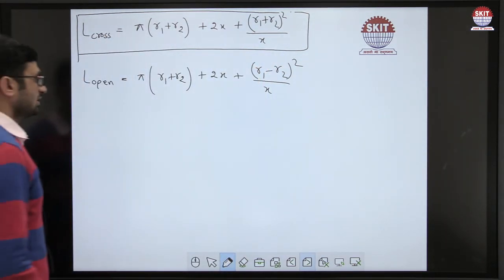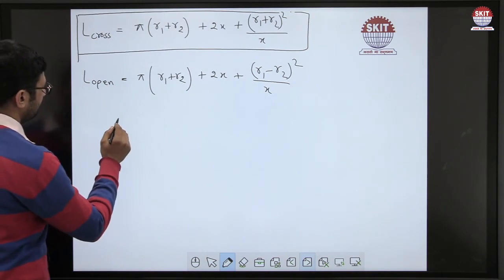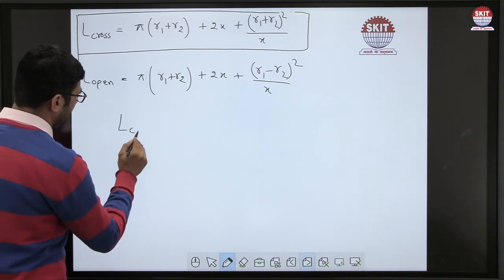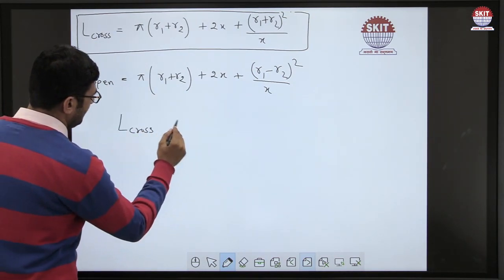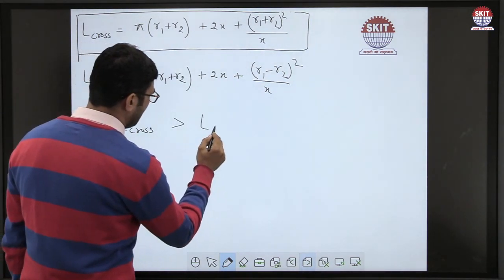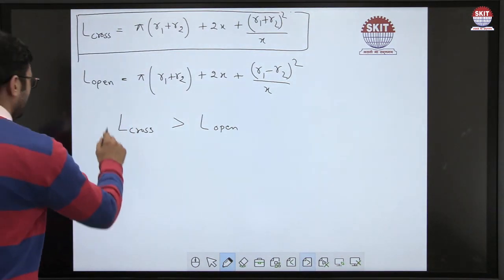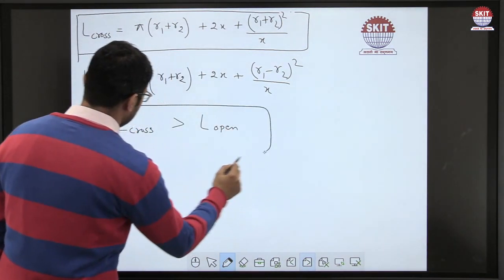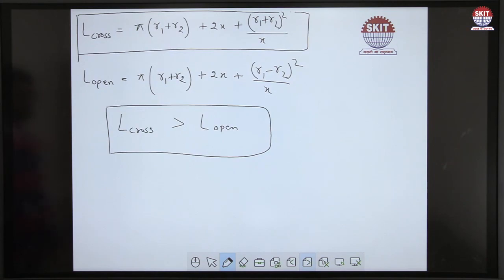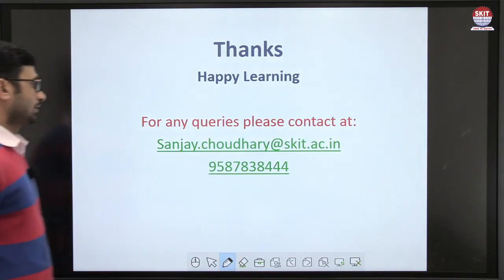From these two equations, we can say that the length of the cross belt drive is more compared to the length of the open belt drive if the other conditions, R1, R2 and x, are the same.